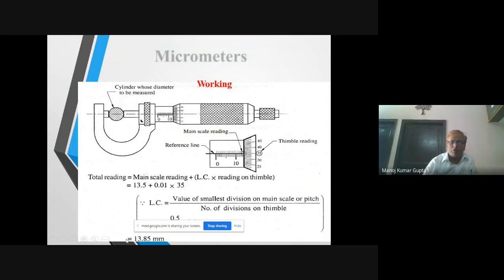Then the total dimension comes out to be 13.85 millimeter. So we are getting an accurate reading up to 2 decimal points with the help of a micrometer. We can take the dimensions of cylinders or circular objects with the help of a micrometer, and with the help of a vernier we can take the dimensions of cubes, rectangular objects or square objects.